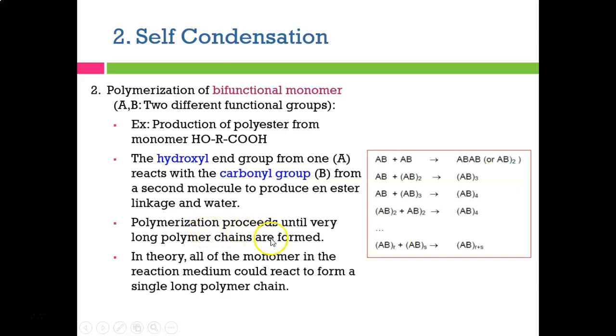And the polymerization proceeds until very long polymer chains are formed. Okay, in theory, all of the monomer in the reaction medium could react to form a single long polymer chain.